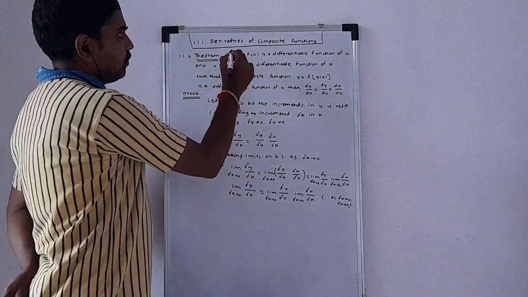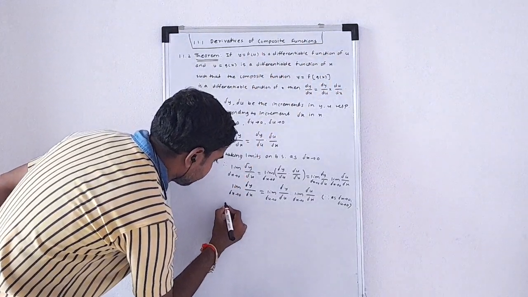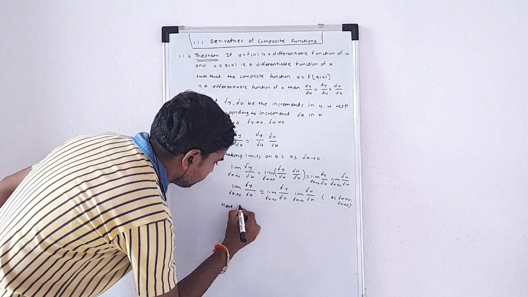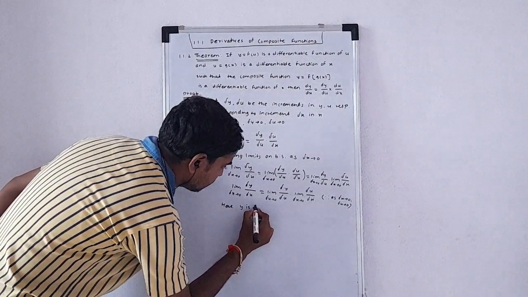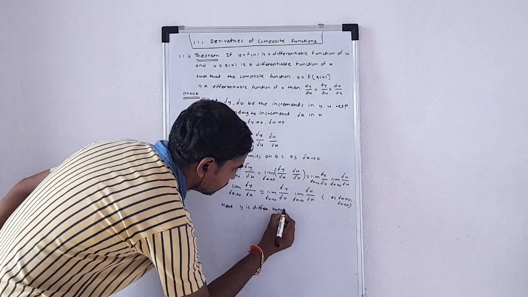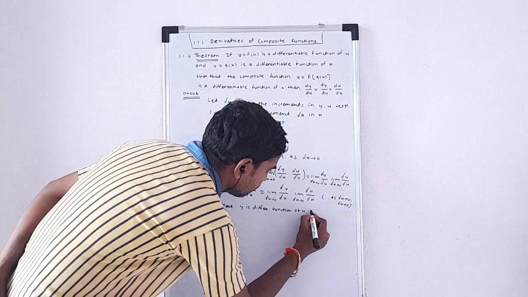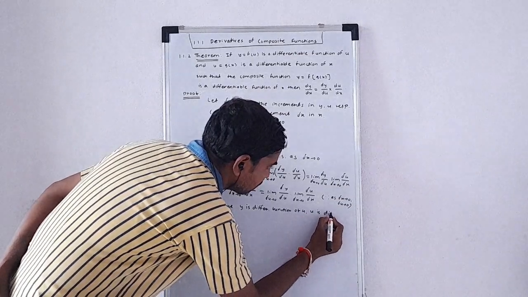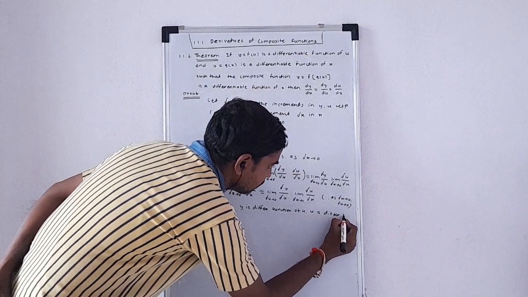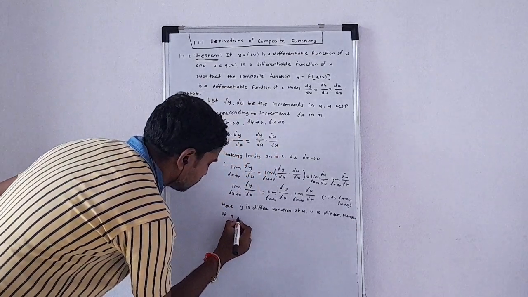Now here y is a differentiable function of u and u is a differentiable function of x.